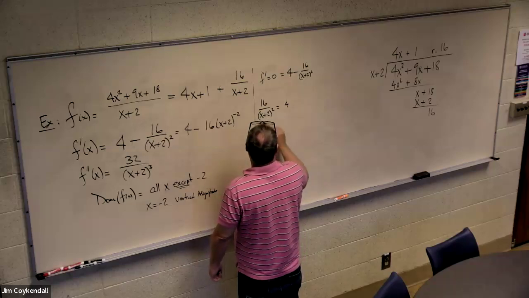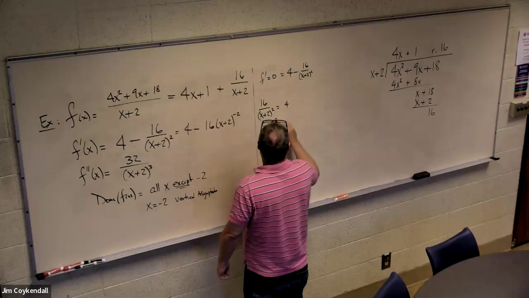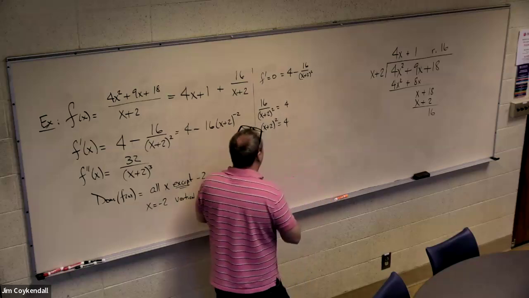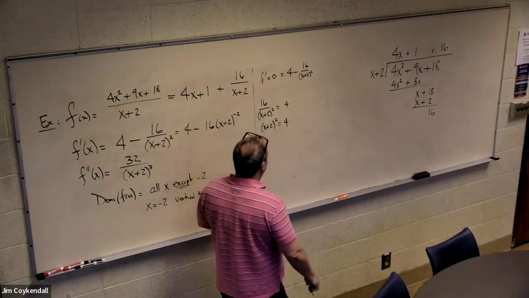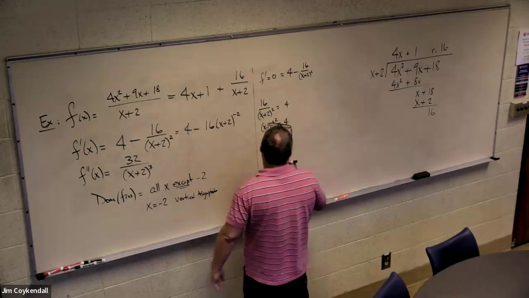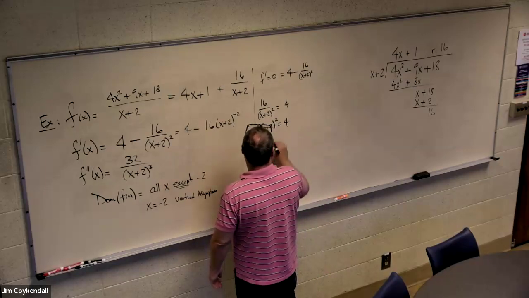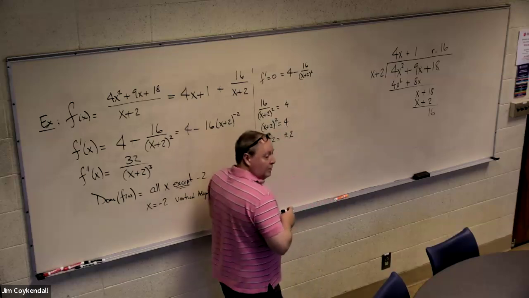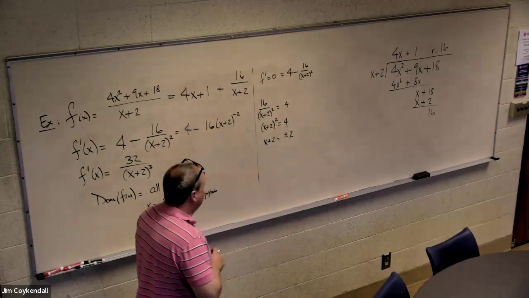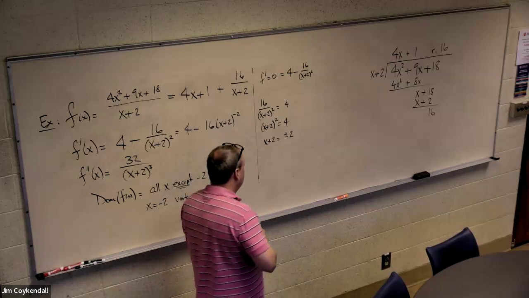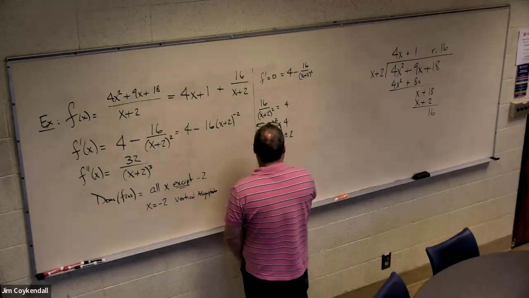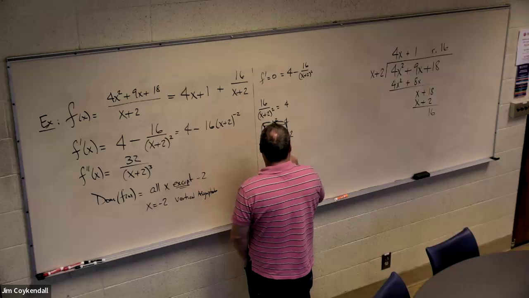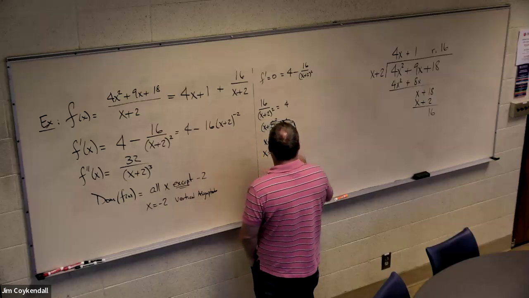And I get x plus 2 squared must be equal to 4. So let me take the square roots of both sides. Careful, because you've got 2 square roots of 4, plus 2 and minus 2. And I get 2 critical numbers, x equals 0 and x equals minus 4.